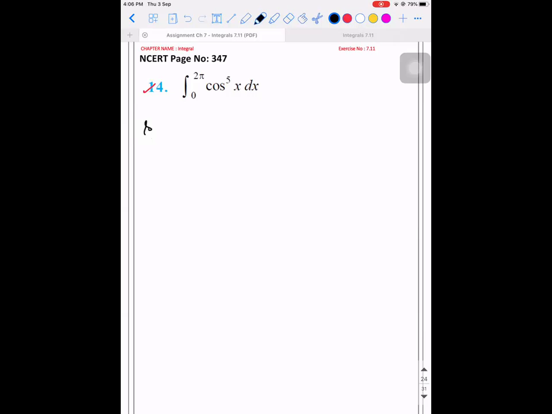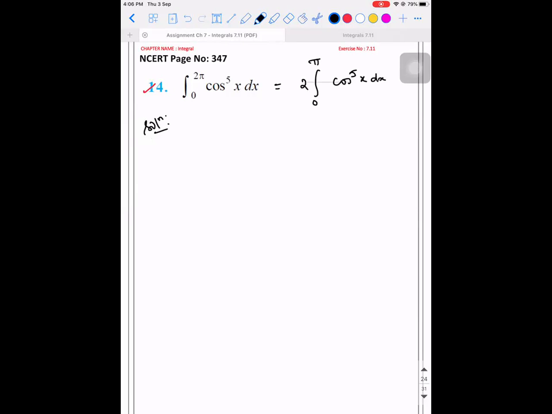So what is the solution for this? So integral of 0 to 2a cos power 5x dx is equal to, see what I'm going to do. Can I write it as 2 times integral of 0 to pi cos power 5x dx? Why did I write this?